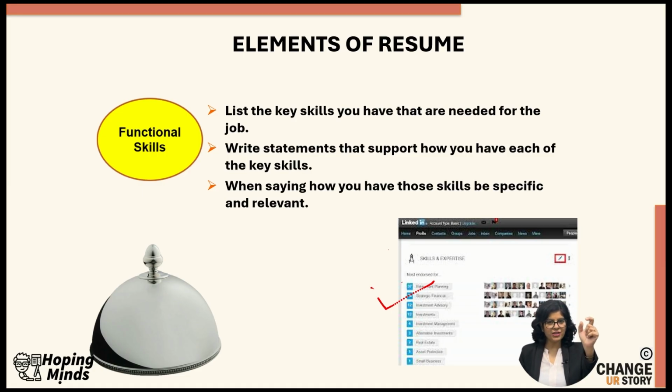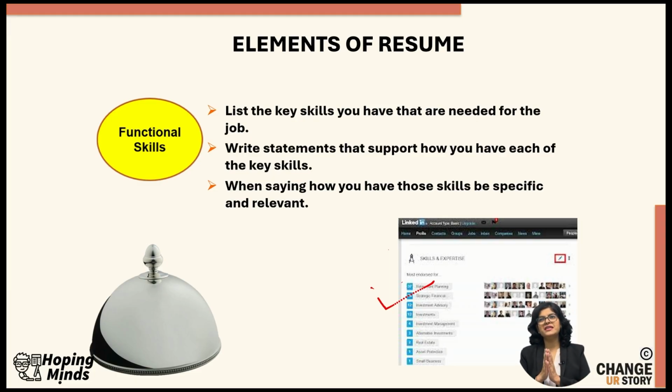You're not just saying that you have negotiation skills, but you're also sharing that you have done this particular thing under negotiation skills, and that's how you're so good at negotiation. So it just makes it more real and more meaningful. Write the statements that support how you have each of those skills, and when saying how you have those skills, be specific and relevant.